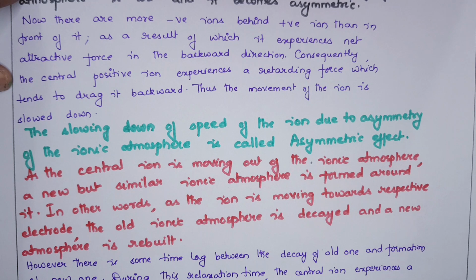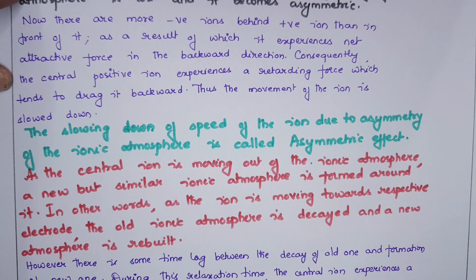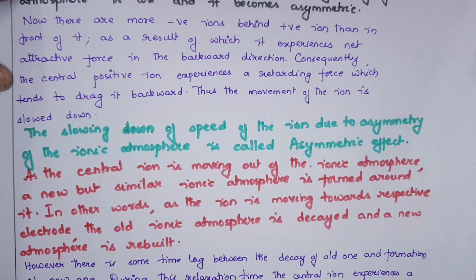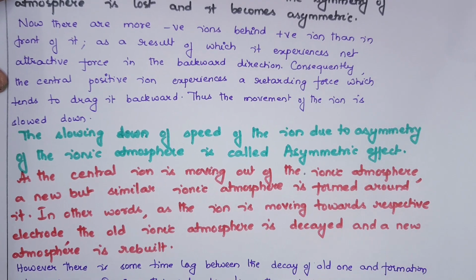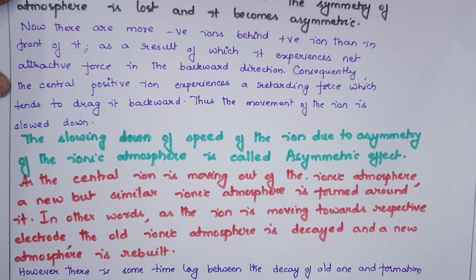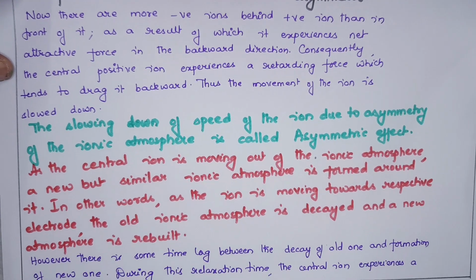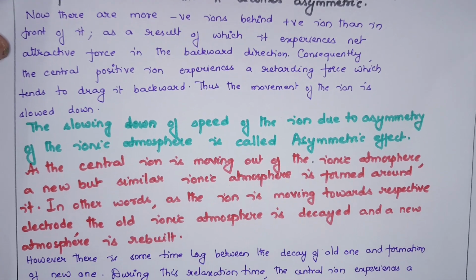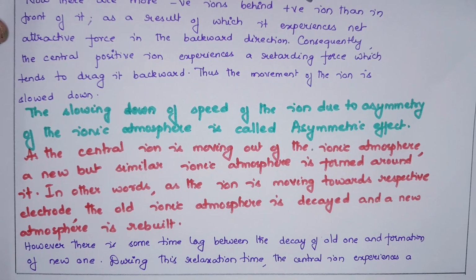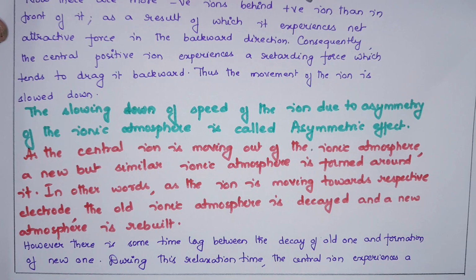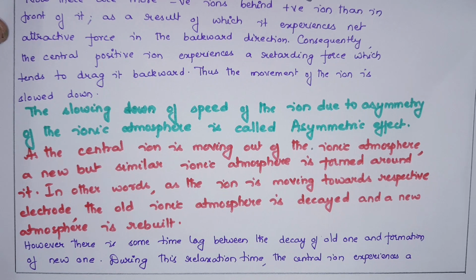But between the decay of the old ionic atmosphere and the formation of the new ionic atmosphere, there will be some time lag or time gap, students, which we call relaxation time. What is that? See below. However, there is some time lag between the decay of the old ionic atmosphere and formation of the new ionic atmosphere.